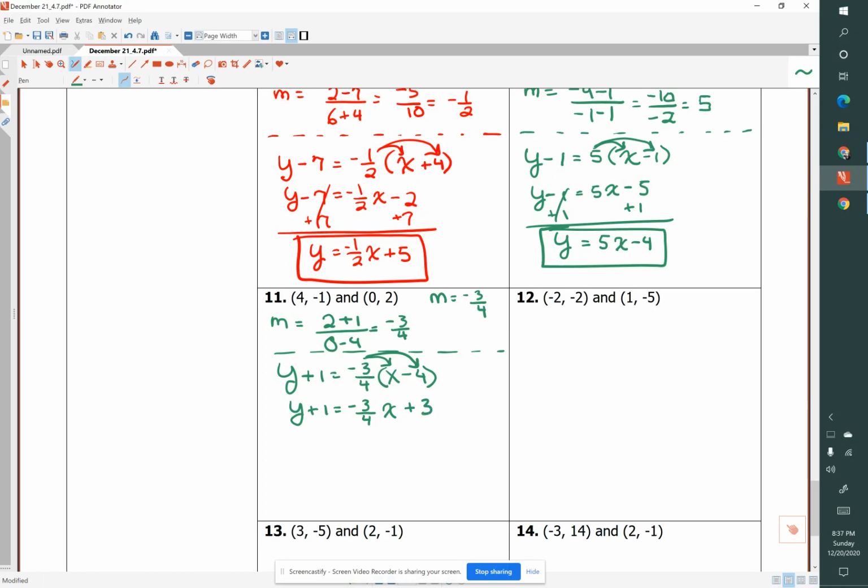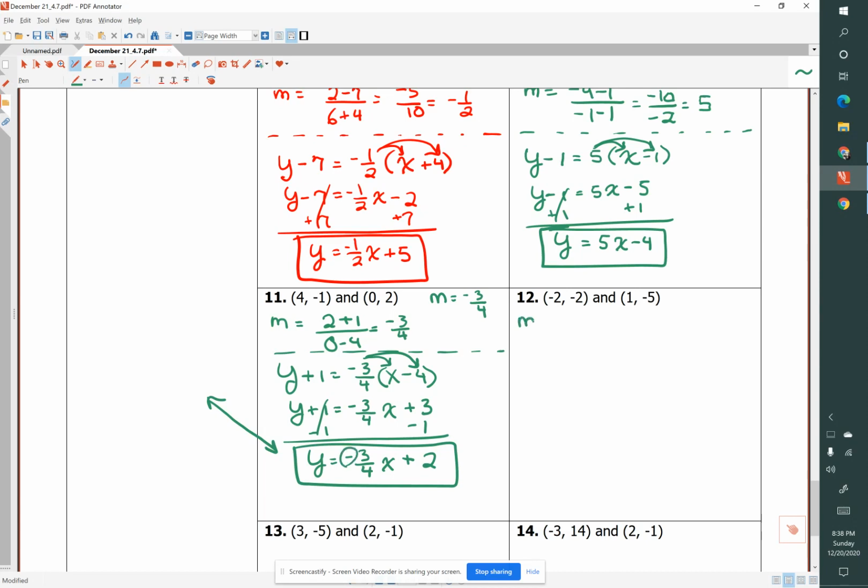Okay, 3/4 of 4 is 3, and a negative times a negative is a positive. All right, so let's just simply subtract 1 from each side of the equation. Y equals negative 3/4 x plus 2. Negative slope, you already know that line is going to go in this direction because of that negative slope there.